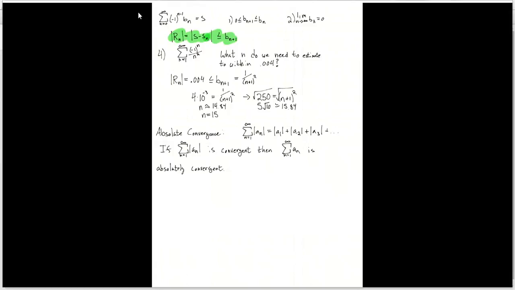So let's take a look at our first example. We have the sum n equals 1 to infinity of -1 to the n over n. And we can see that this is an alternating series, right? Just like we did before. And by the alternating series test, we know that this is convergent.